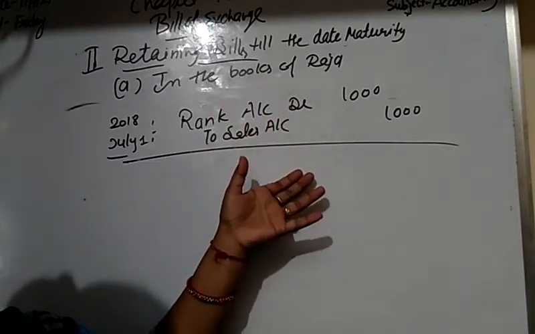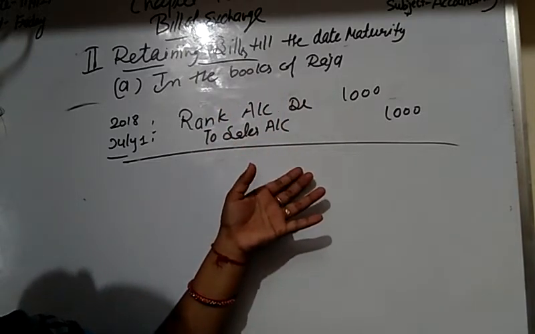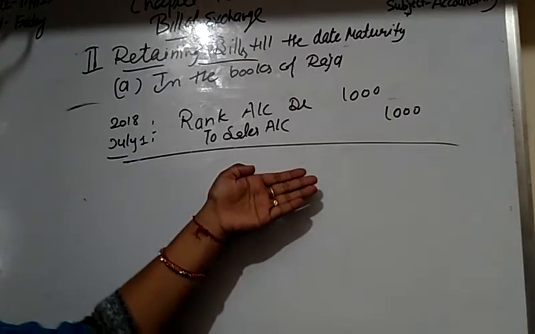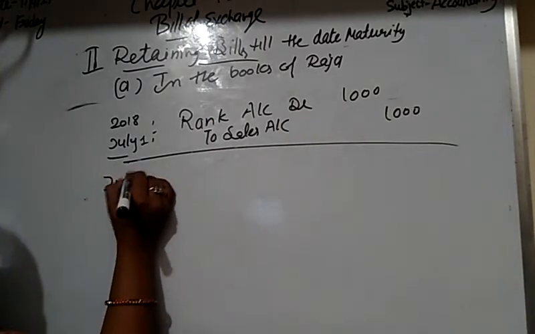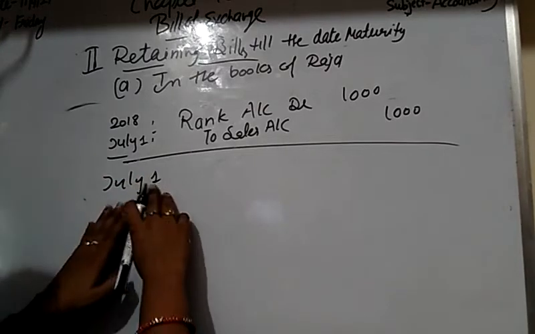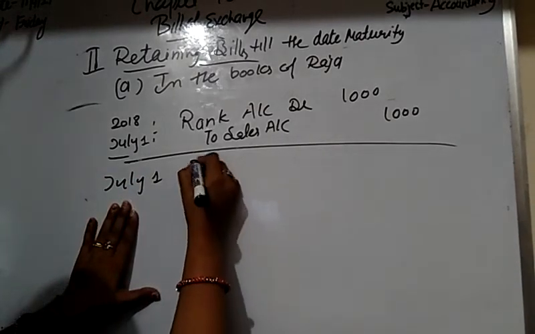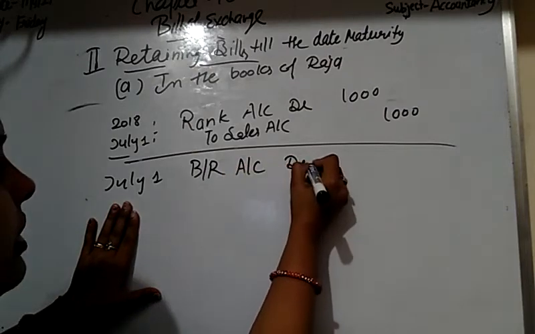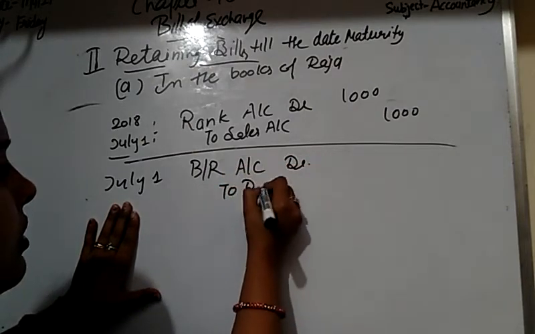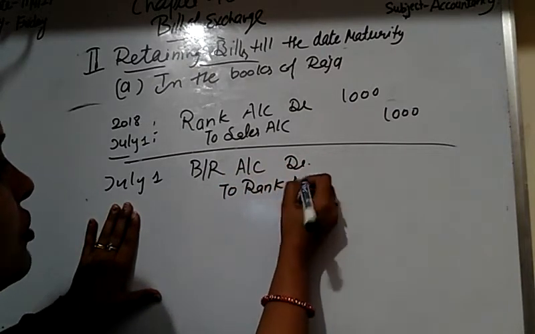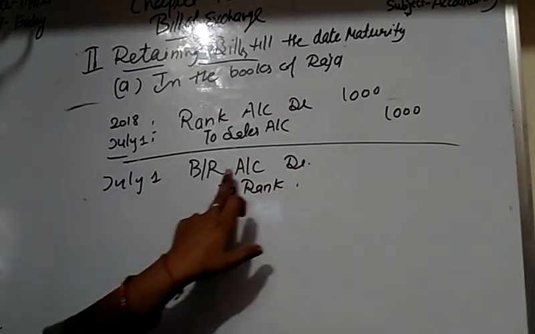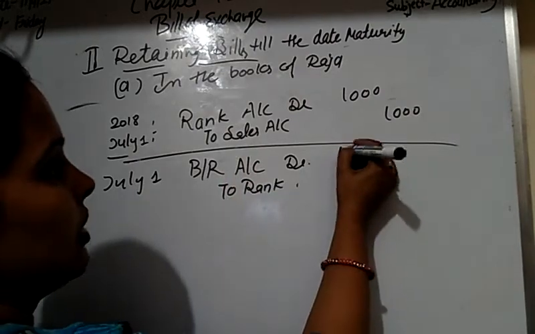So when the bill is drawn upon the name of Rank on July 1st, we debit the bills receivable account. Bills receivable account debit to Rank account. When the bill is drawn upon the name of the drawee, bills receivable to Rank 1000.